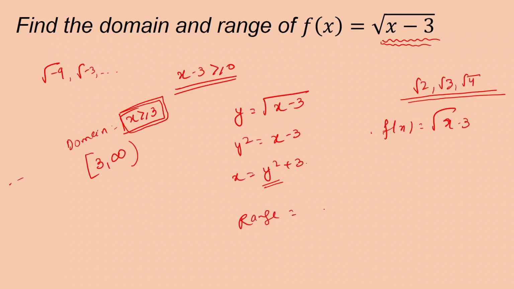The range is the set of all positive numbers, 0 to infinity, 0 included, because at x equal to 3 you'll get 0. You cannot put negative numbers, and if you put anything greater than 3 like 4, 5, 6, you'll get root 1, root 2, root 3, and so on, and all these values are positive. So the range is positive.